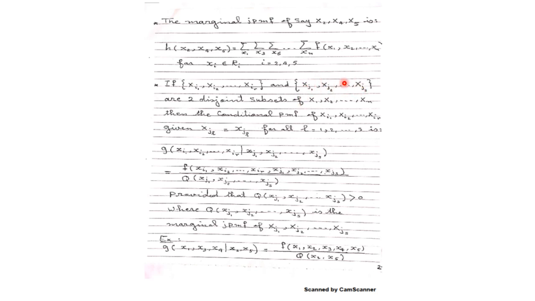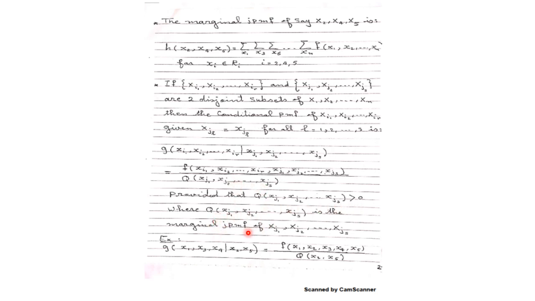You are conditioning on this, right? So that means you divide by q, xj1, xj2 up to xjs. And for this ratio to be valid, we have to say provided that this denominator is greater than 0.